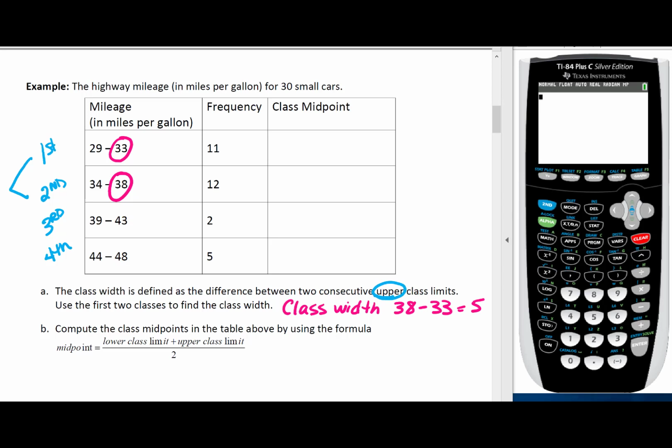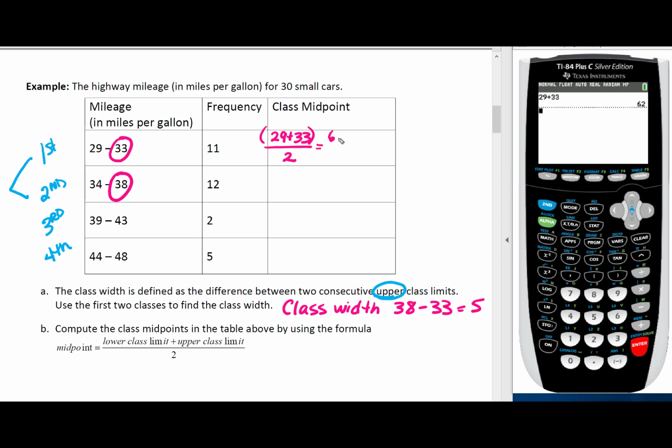We're going to take the 29, add it to the 33, and divide it by 2. Make sure with this, we put parentheses around the numerator. In order of operations, we simply add the first 2 together. So 29 plus 33 on our calculator is 62.